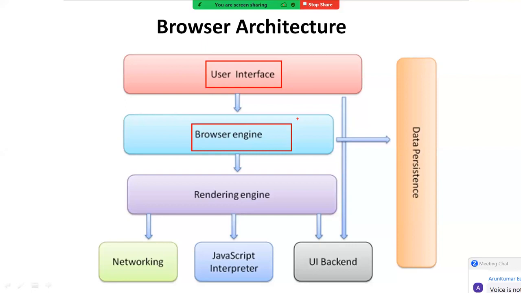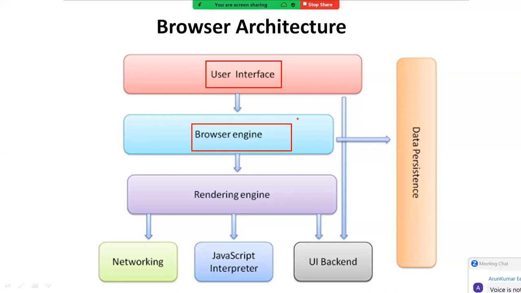HTML is translated by the browser engine. There is one more engine, the rendering engine. The difference is that this engine translates. After translating, the output is presented by the rendering engine. The rendering engine's responsibility is presentation. Translation is done by one engine and the output is generated by another engine.